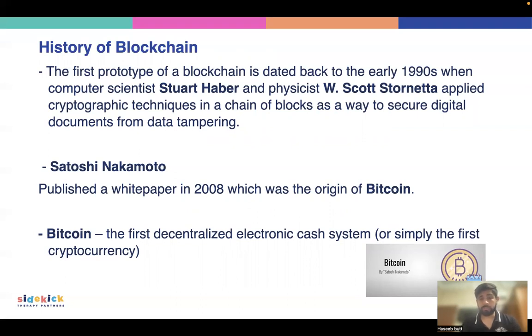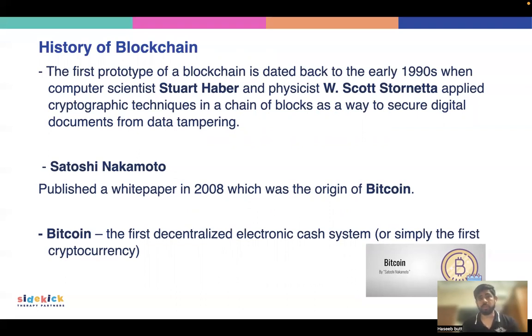So the concept was available from the 1990s, but nobody appreciated their work. But in 2008, Satoshi Nakamoto, the founder of Bitcoin, actually used their work and developed or launched, you can say, Bitcoin.